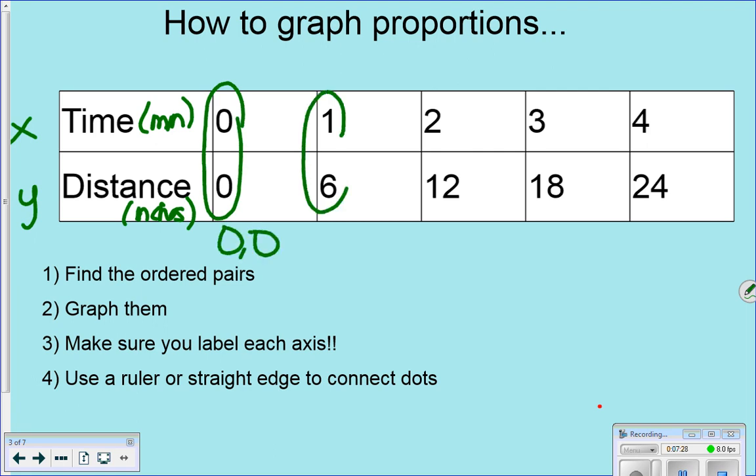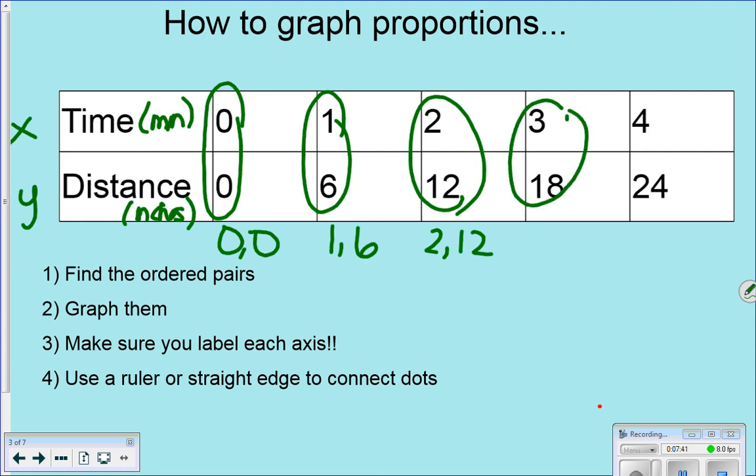Here's an ordered pair, 1, 6. Here's an ordered pair, 2, 12. Do you see what I'm getting at? I'm taking those numbers off that chart and making them into ordered pairs. 3 would be 3, 18, and 4 would be 4, 24. I'm talking slow because we're talking about a turtle.